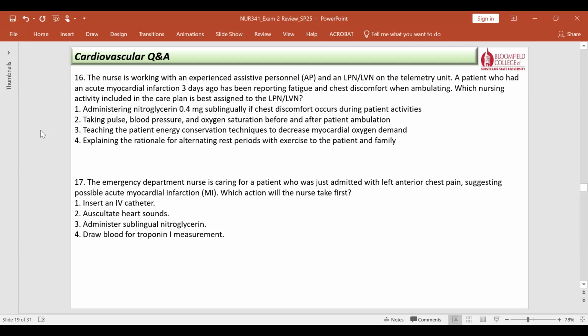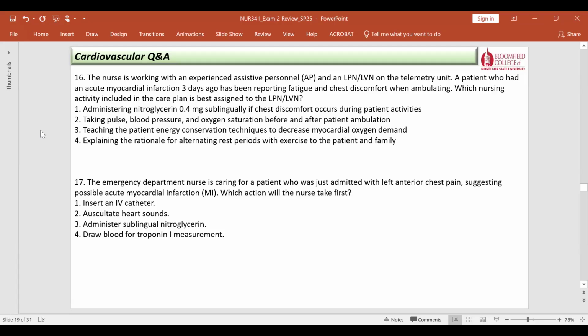Yes, that is unstable. But 2 or 3 days after the onset, the patient is no longer going to be classified as unstable, which makes number 1 the correct answer, right? Because it says here 3 days ago, right?